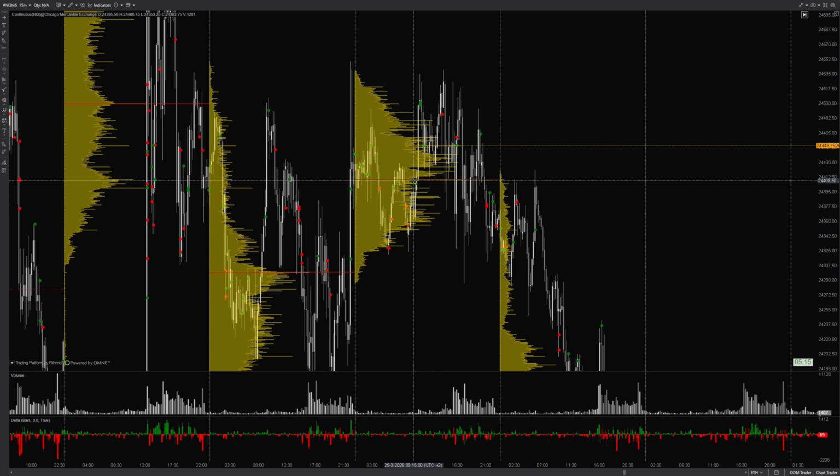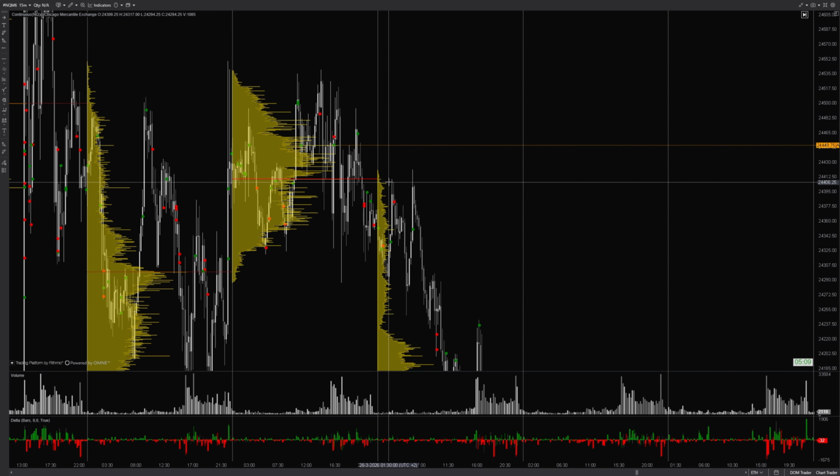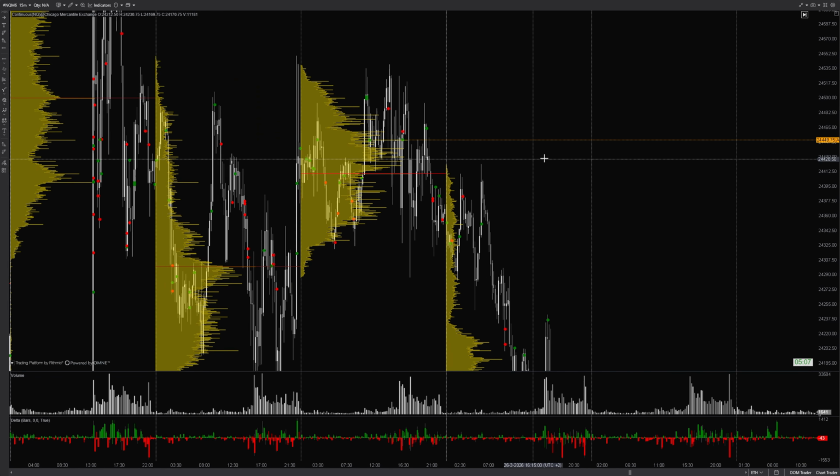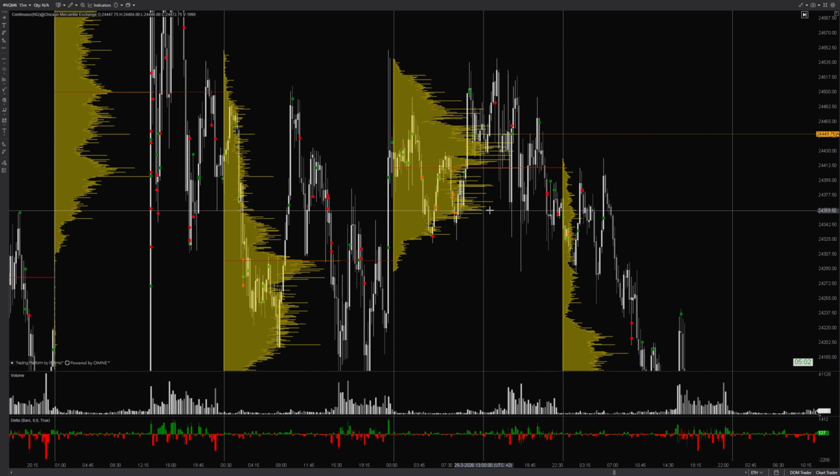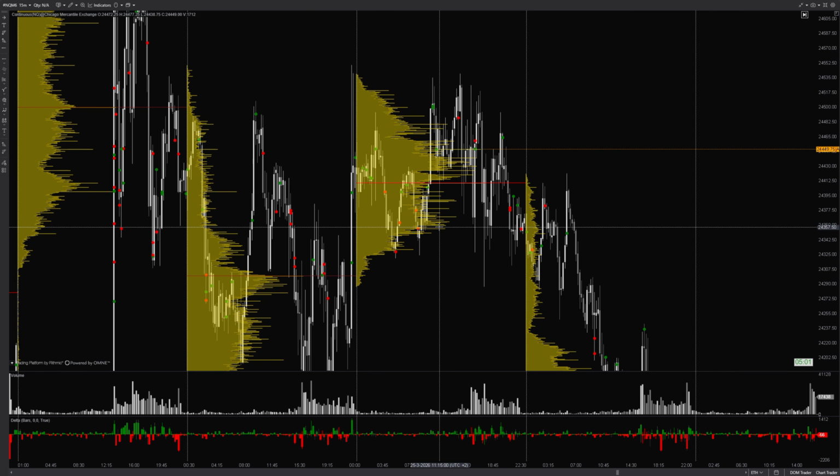So in this case, I'm looking for the POC, which was already mitigated the next day. So these spikes are giving liquidity just below the key level. Now marked up this level.